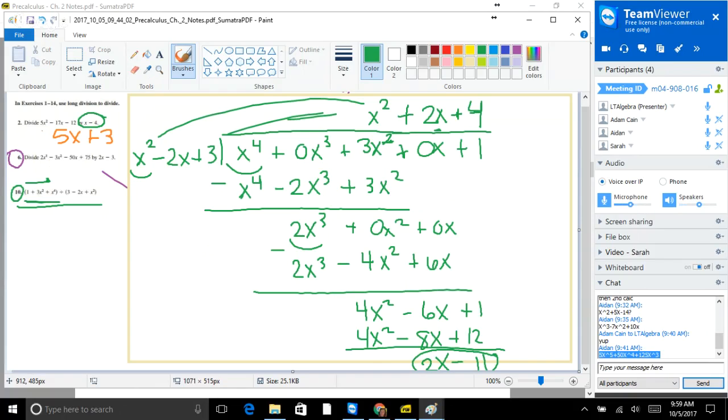All right, so when we divide our two polynomials together, our result is x squared plus 2x plus 4 with a remainder of 2x minus 11. And I'll talk to you guys on Monday about how we actually write the remainder. I didn't think this one had a remainder in it, but we'll talk about how you actually write the remainder on Monday.